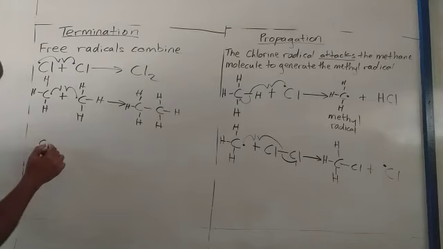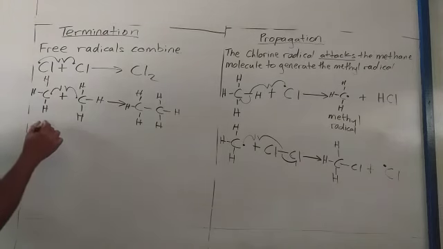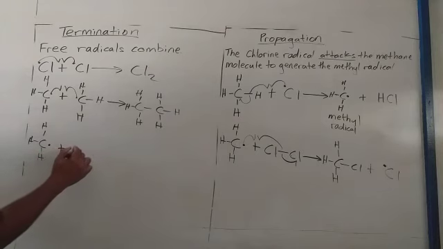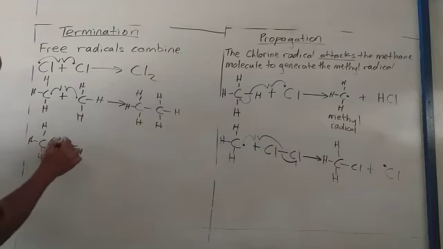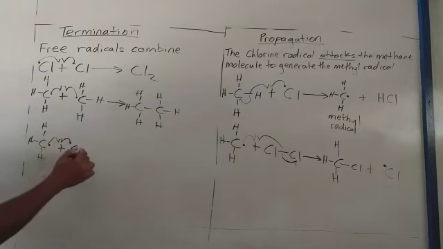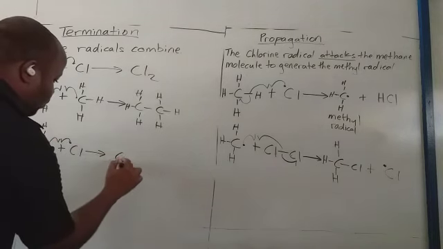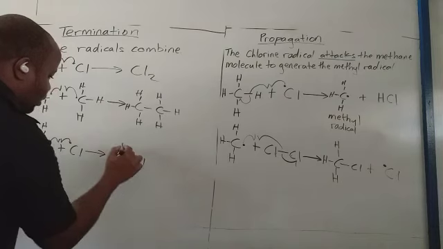And of course, as was in the propagation step, a methyl radical combines with a chlorine radical. You will get chloromethane.